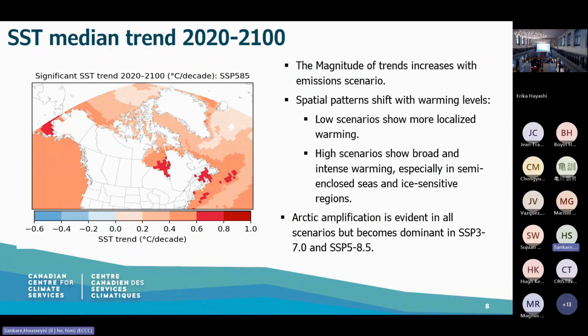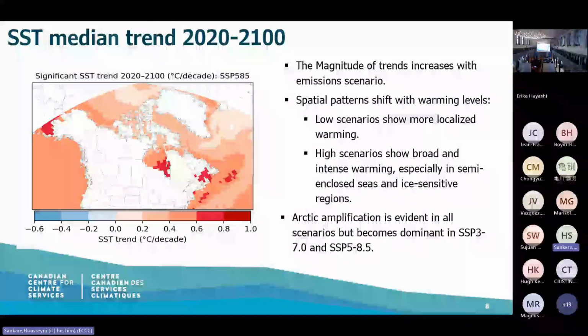And for the last scenario, SSP8.5, we can see that the warming ranges from 0.5 to 0.8 per decade. That is more for this one.